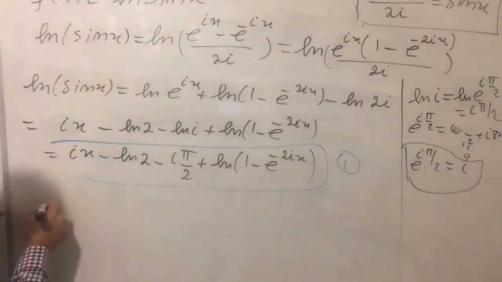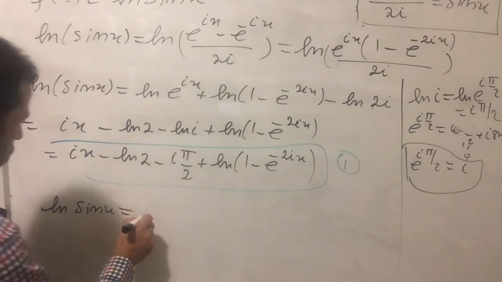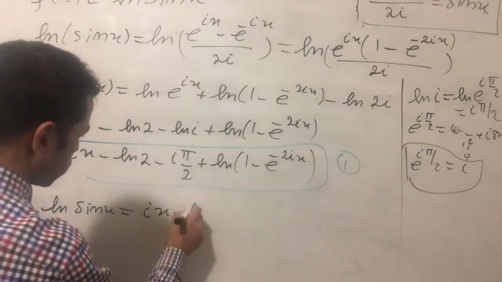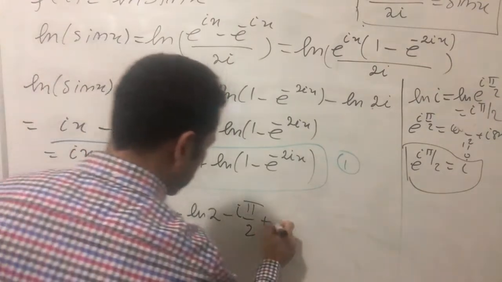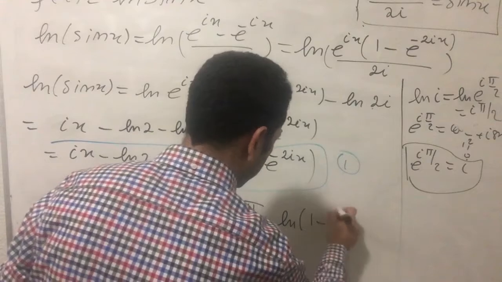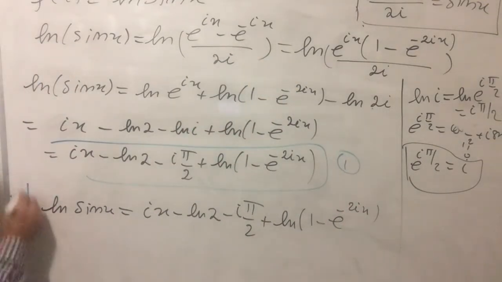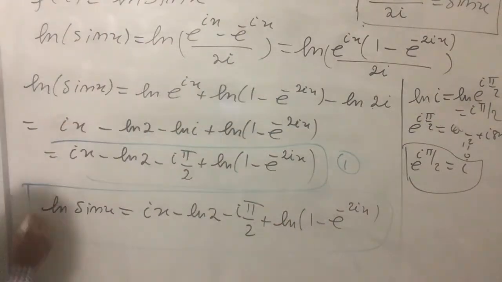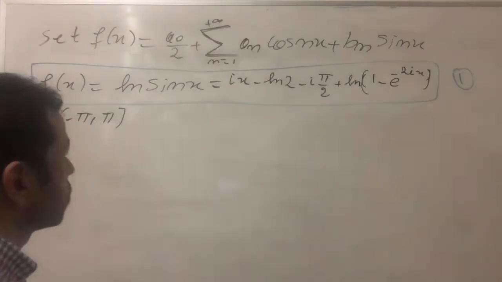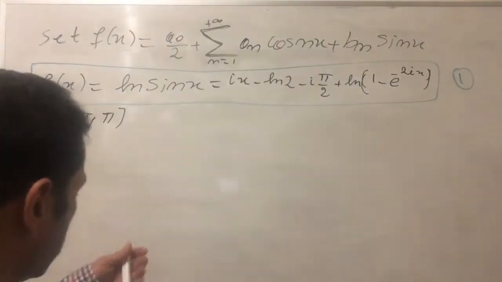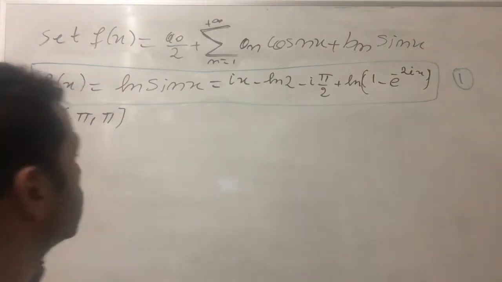So natural log of sine of x equals ix minus natural log of 2 minus i pi over 2 plus this term, natural log of 1 minus e to the minus 2ix, okay? Let's call this equation number 1. This is the first equation that I get from the last expression.